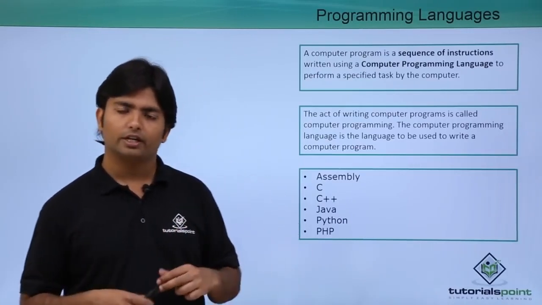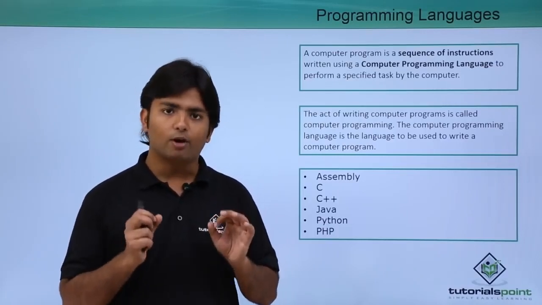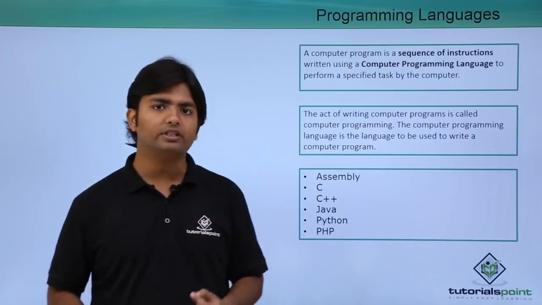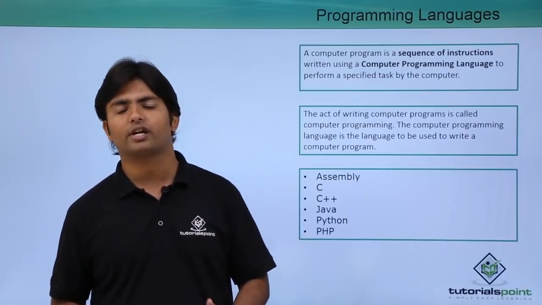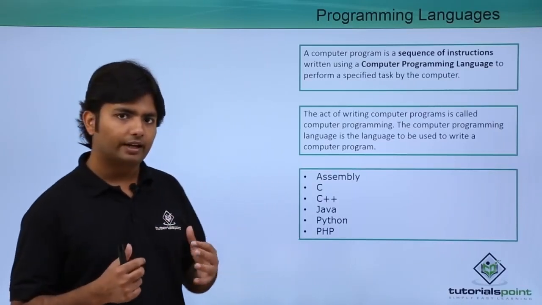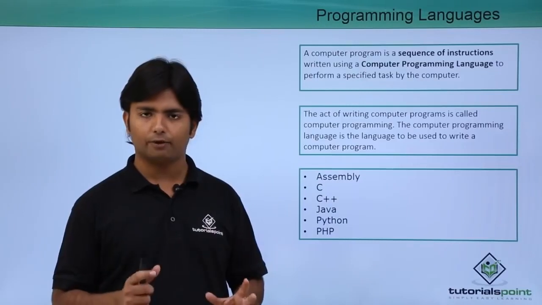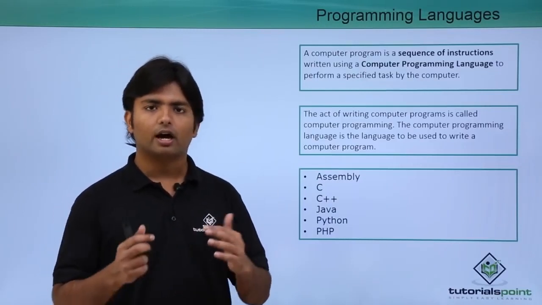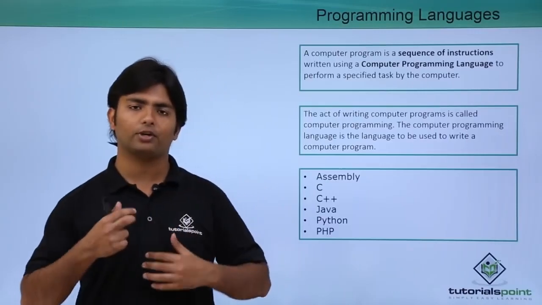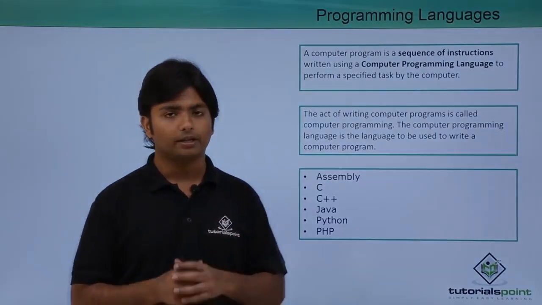But the issue is, if I'm talking with someone in English and I want him to do some task, one important thing is that he should also understand my language. So either I should talk to him in the language he knows, or I require a translator which will translate my language to his language in order to make him understand the task.